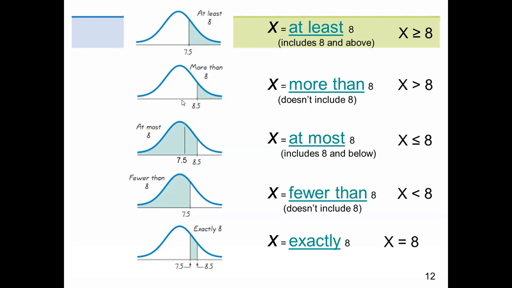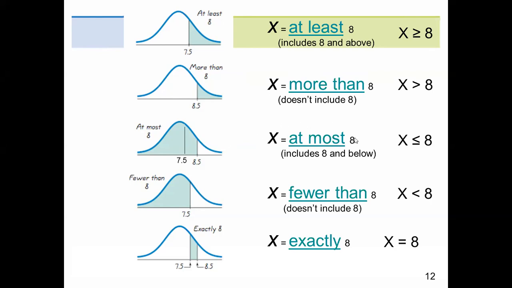I didn't want to start off at 7.5 and go to my right because I would include 8. More than 8 does not include 8, so I couldn't start at 7.5. I had to start at 8.5, and more than obviously means I'm getting bigger. When you have a less than or greater than or equal to, it's going to appear like things aren't matching up, but they are if you subtracted the 5/10 and you're going in the right direction.